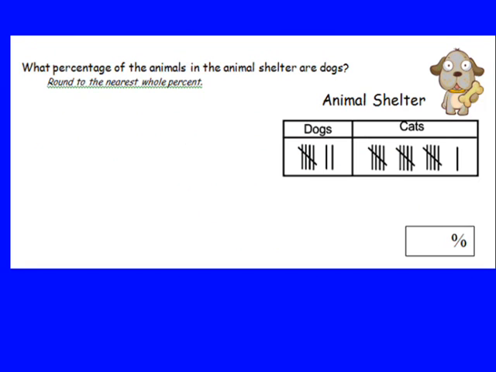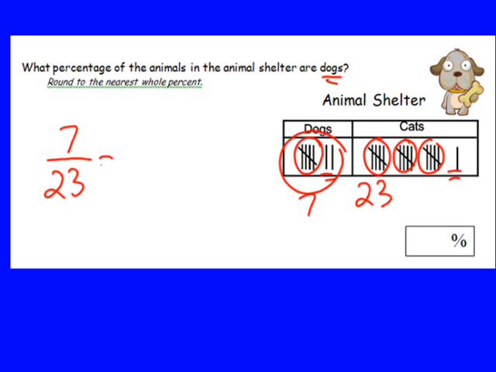What percentage of animals in the animal shelter are dogs? Let's find out how many total animals are in the shelter. We have 5, 10, 15, 20. We have 23 animals total in the shelter, and it's asking what percentage of the animals are dogs. 7 of the animals in the shelter are dogs, 7 of the 23, and we want to know what that is as a percent.